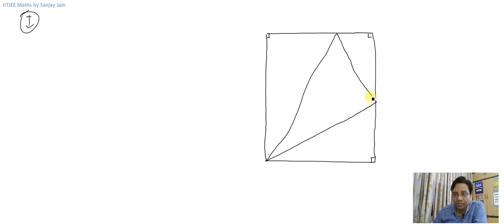This is a triangle where this is my right angle and the hypotenuse of this triangle is 1 unit. So I took a rectangle and inside it I drew a triangle in such a way that its hypotenuse is 1 unit. This is mathematically possible. This is very well a valid diagram, right?